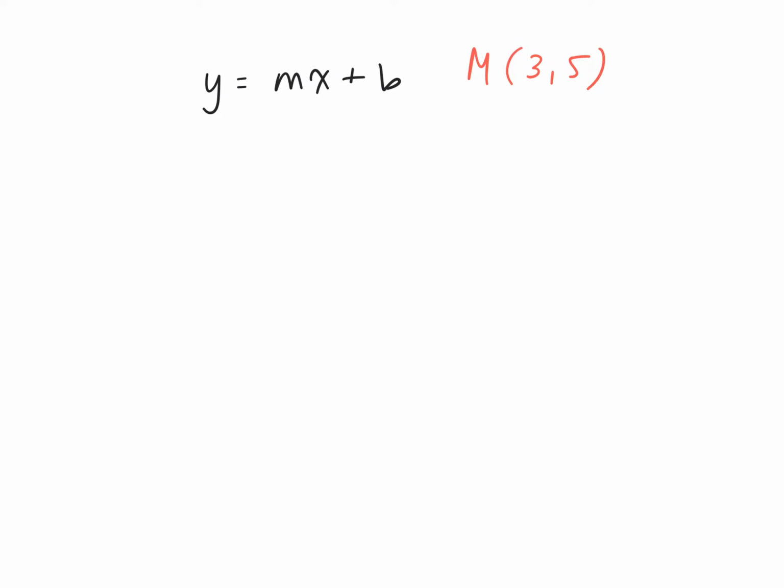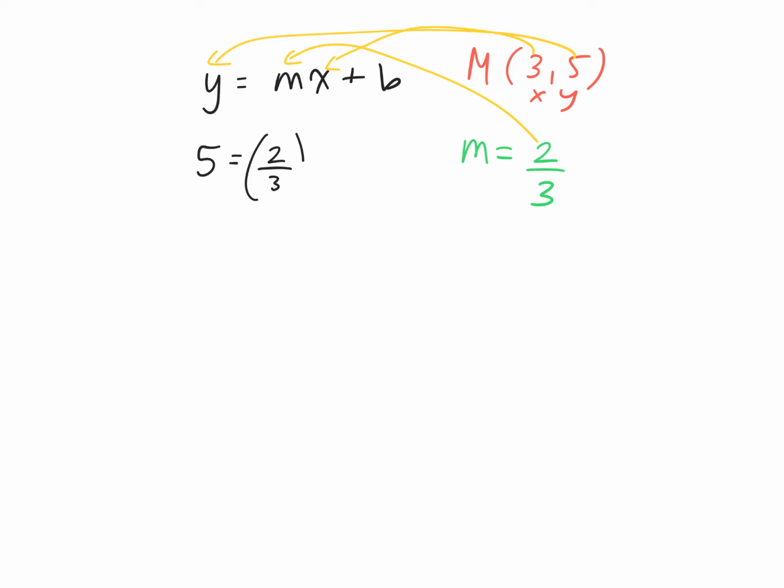Yes. Okay, so I know the point, so I know my X and my Y, and I know M, the slope was what? 2 over 3. So we're going to plug everything into the equation because the whole point of this was we were trying to find the equation of a line that's perpendicular to that. So X, Y, and M. Plug it in and we're going to isolate for B. So Y is 5, M is 2 over 3.